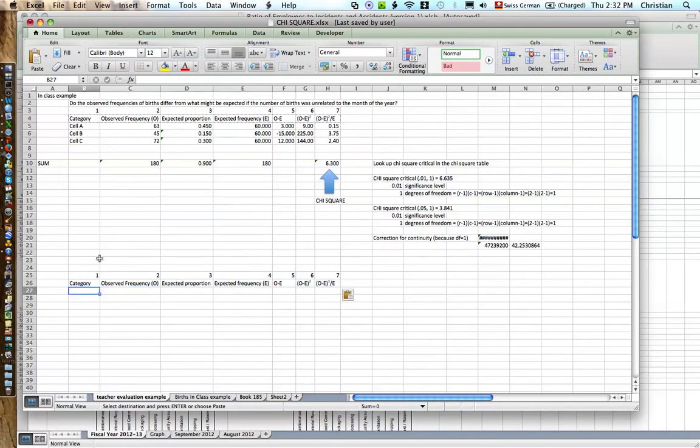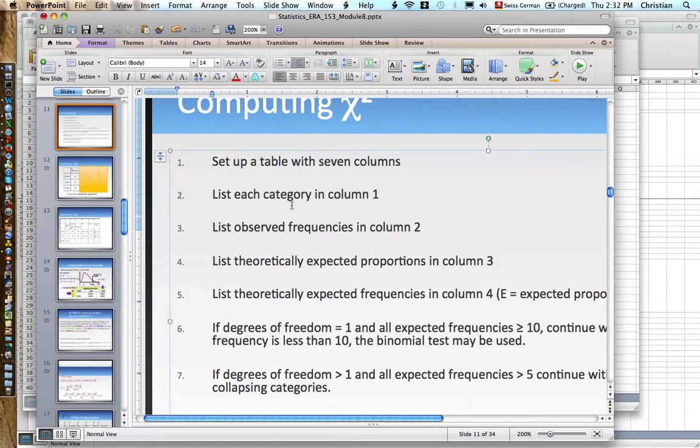So we have method 1, then method 2, method 3. So these 3. And then we can also write down here total. Then list the observed frequencies in column 2.